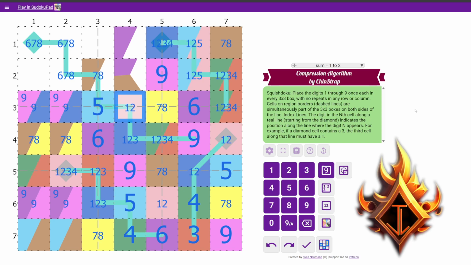Pink is 1, 2. This is 3, 4. So this is 3. Oh yeah, that one is for sure red. Oh well, this one is green then.